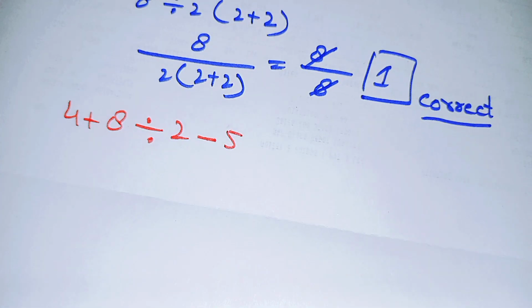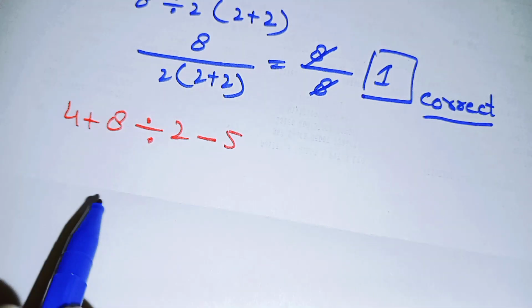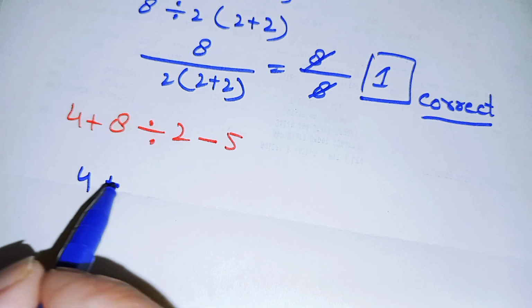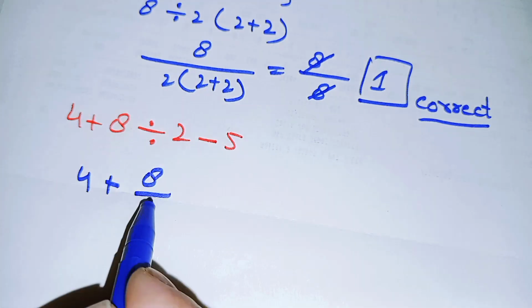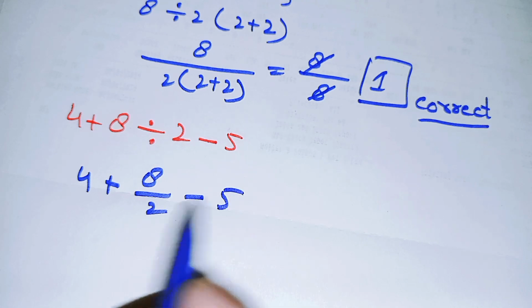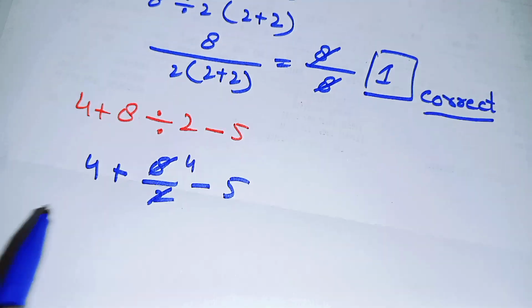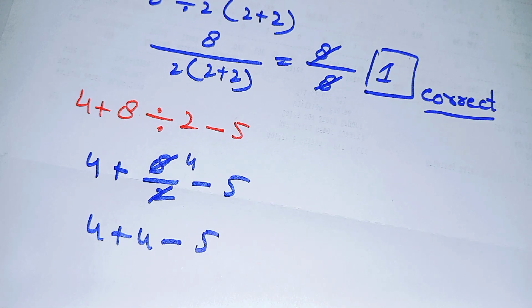Then second is divide, so we solve the divide. 4 plus 8 divided by 2 is 4, and now 4 plus 4 minus 5.